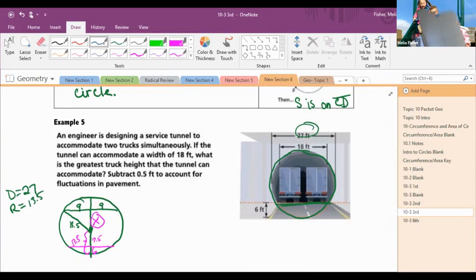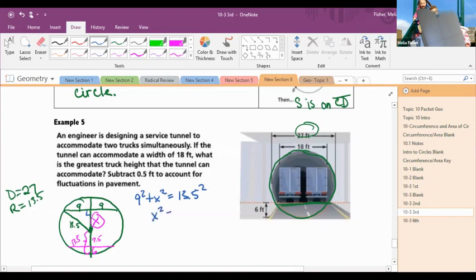Well, that's a right triangle. And I know somebody earlier said that if I have a right triangle, I can use what theorem? Pythagorean theorem, right? Because I got this right triangle. So I know that 9 squared plus x squared will equal 13.5 squared.